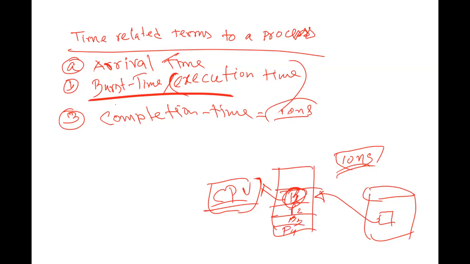Even though its execution time is 10 nanoseconds, after 5 nanoseconds it may be preempted by the CPU, and it needs to wait while P2 is executed by the CPU. So completion time is not always the burst time or execution time.